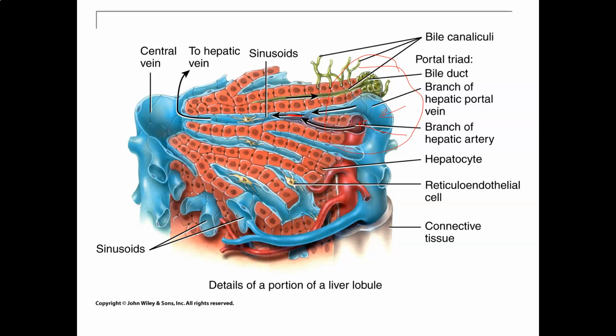Now, it's not as if these hepatocytes can completely remove those substances sometimes, but often what they're able to do is to modify them so that later your kidneys can remove them when that blood goes there.